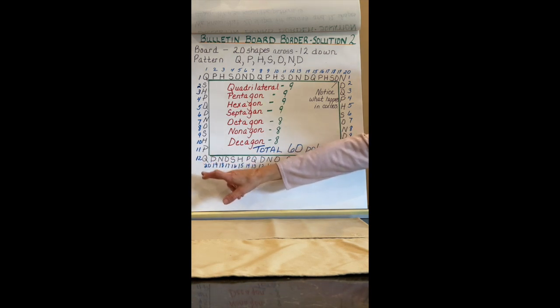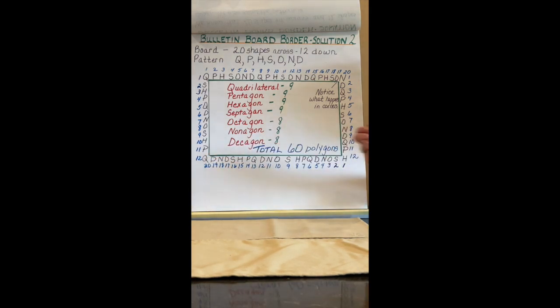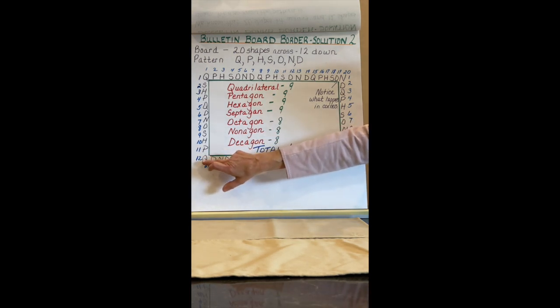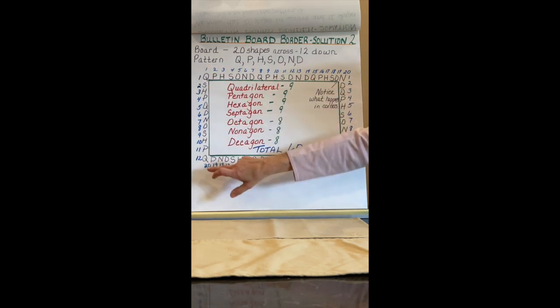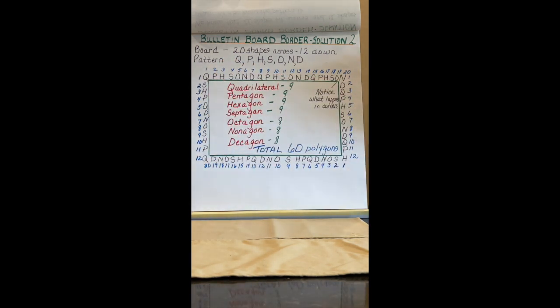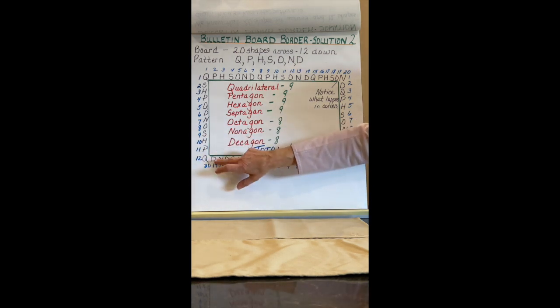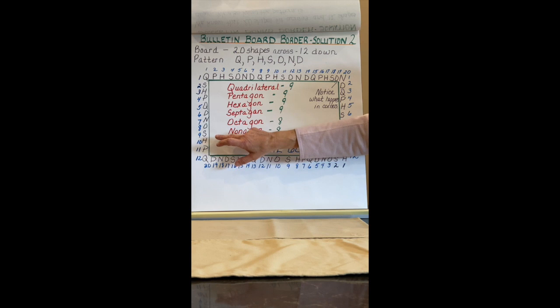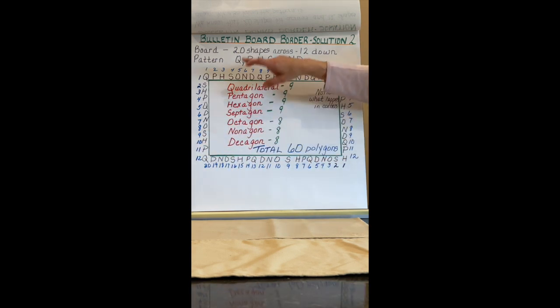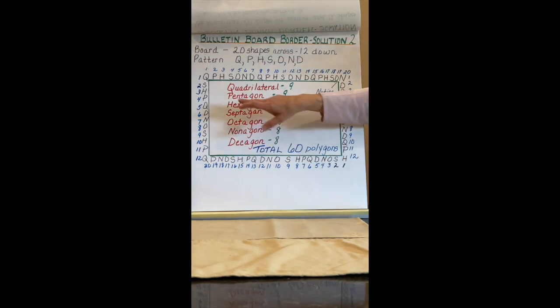My last shape on this row was the Q, my quadrilateral. That counts here as the last shape, but it also counts as one of the shapes along the side. So I went Q, P, H, S, all the way back up, and I ended with my septagon, okay?